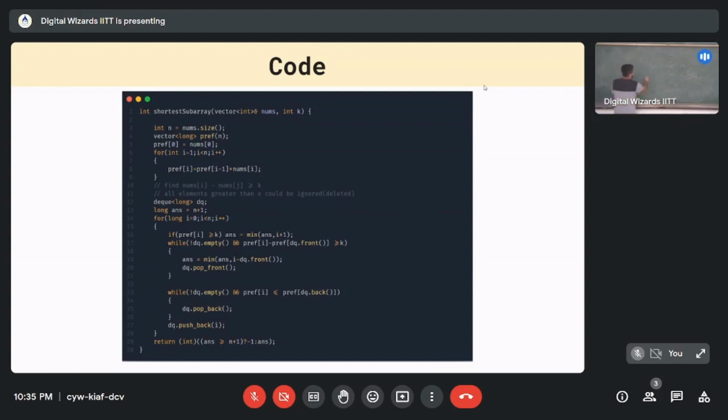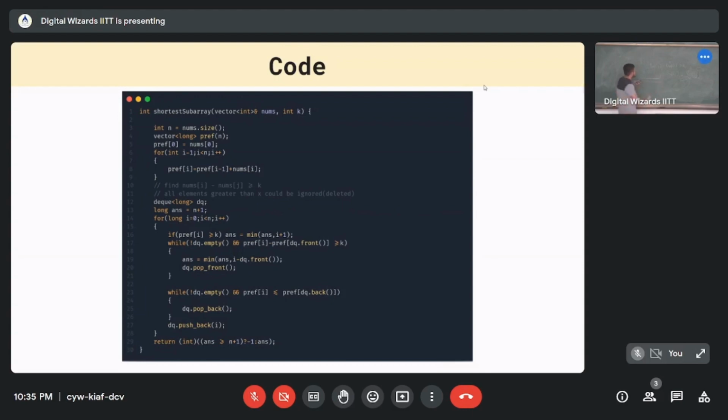So suppose you have this and you find, okay, at i and j, this is already greater than or equal to k, right? Then if it is already greater than or equal to k, I'm going to try for a shorter subarray.